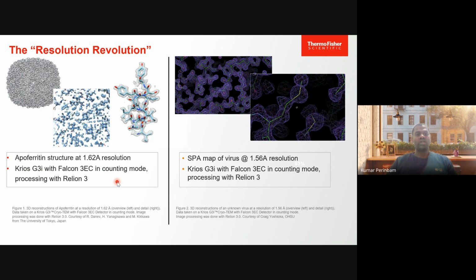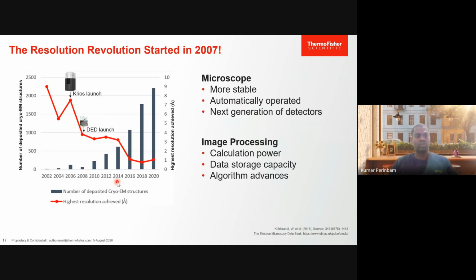So during the resolution revolution, around 2017 onwards, there has been a major breakthrough, and for the first time researchers used the material science tool, where they introduced a cryo concept in it, so that they can cool the sample and expose the sample for a longer time, which will help them in solving the structure of protein at a high resolution.